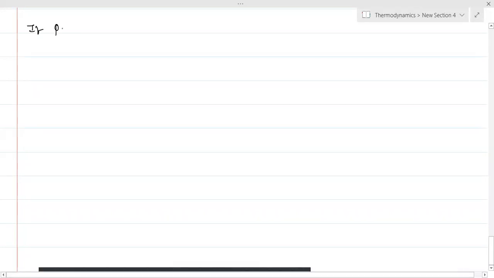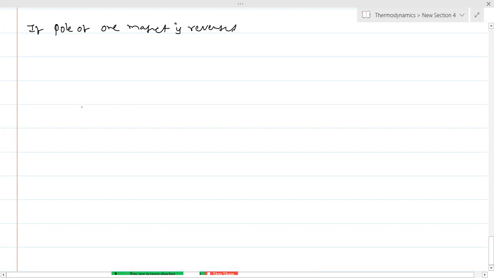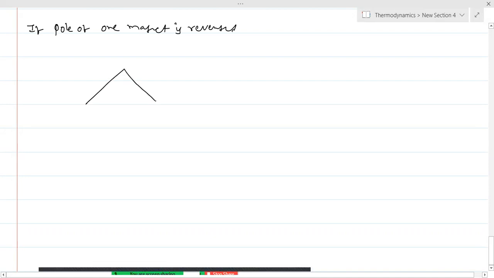Suppose in the same case, if one magnet is reversed, if the poles of one magnet are reversed, that means we are taking 3 bar magnets in the form of an equilateral triangle.